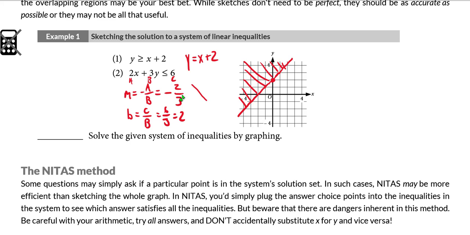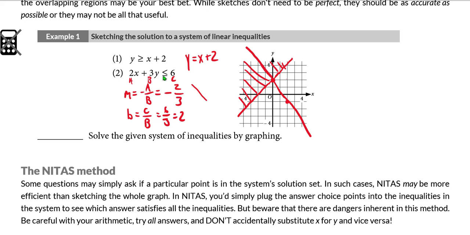So I'm going to do a run of 2 and a rise of 3. I'm just looking at the horizontal distance needs to be 2, the vertical distance needs to be 3, and I know my line needs to go like this, so I'm putting the point down here rather than up here. So this line is going to look something like this, and I am shading how.